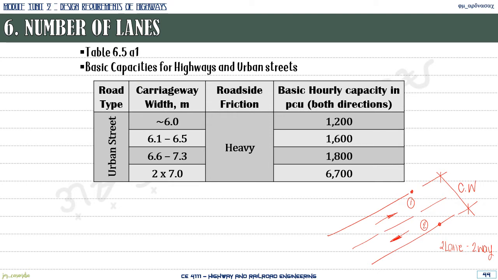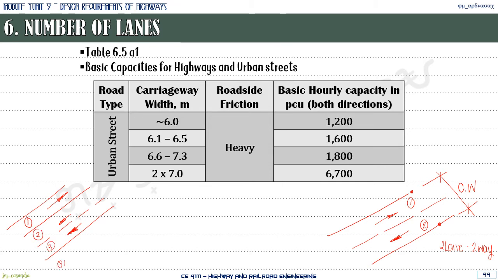So if I will have another roadway here, so I have here one way, another direction, opposite direction. So this road here is a 1, 2, 3.